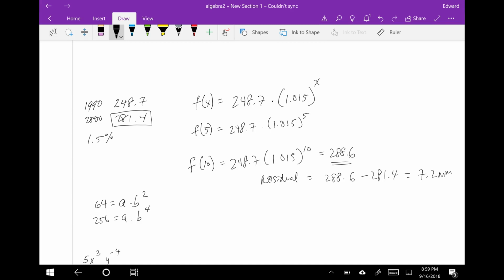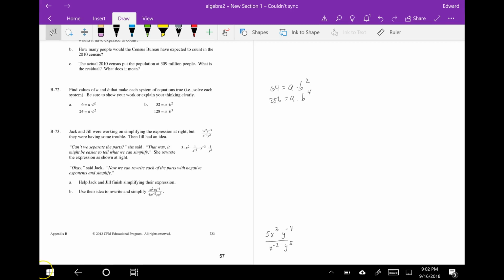In other words, our estimated model of 1.5% actually ended up higher than the actual number. So the growth rate in population was actually slightly less than 1.5%.